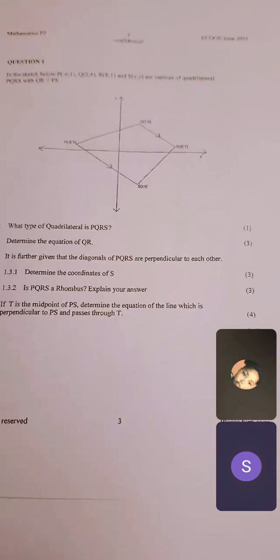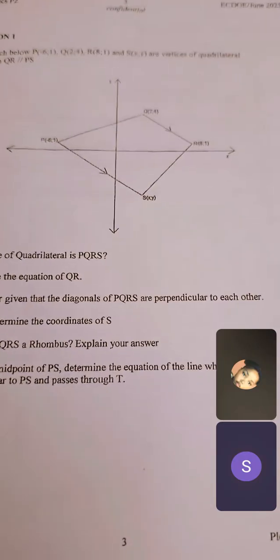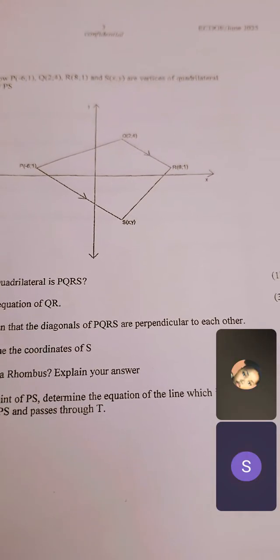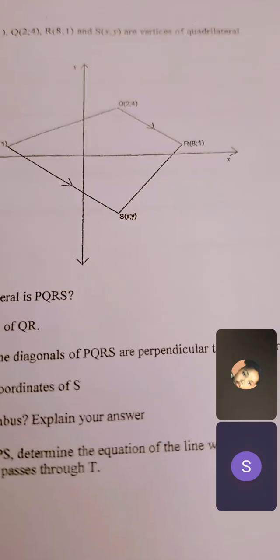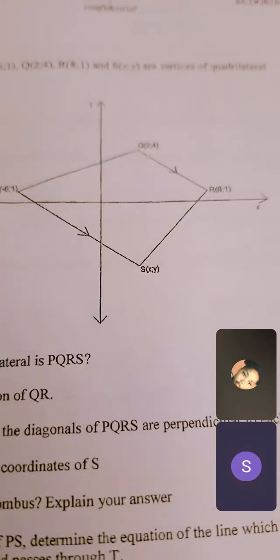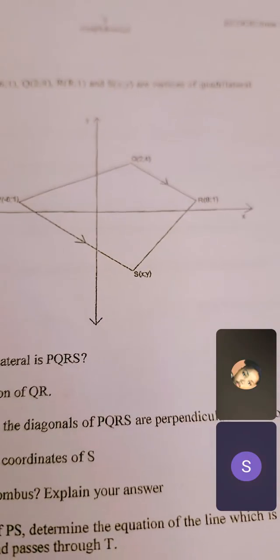So to determine the coordinates here, we can use the concept of perpendicular lines. The product of the gradients would give us -1, you say? Yes. Okay, right.